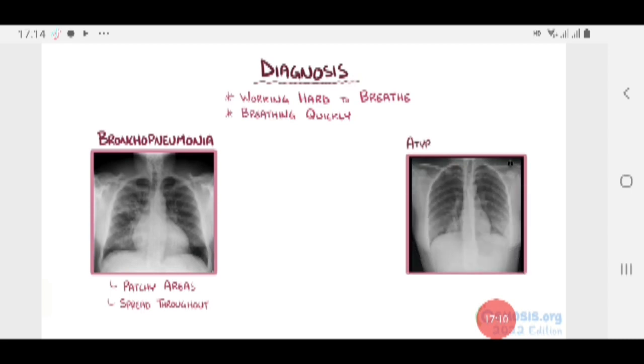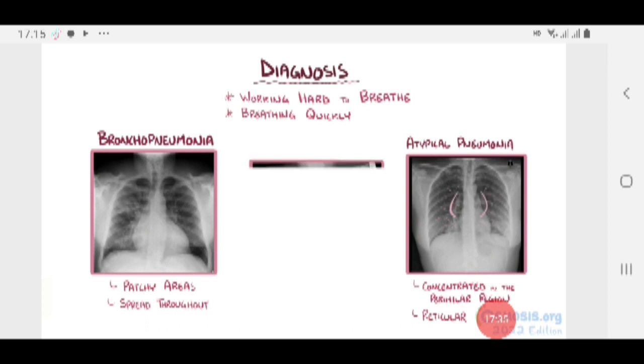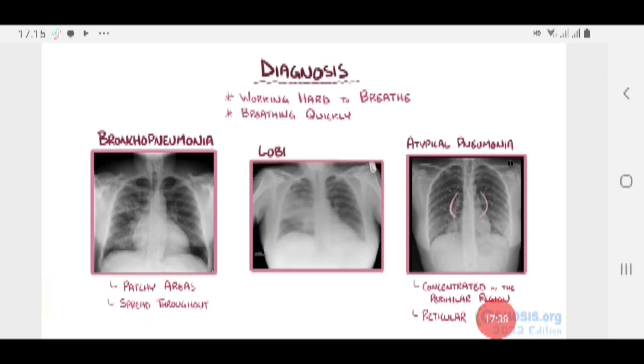In atypical or interstitial pneumonia, the pattern is also often spread throughout the lungs, but it's often concentrated in the perihilar region and looks reticular, meaning there will be more line-shaped opacities visible in the chest x-ray. In a lobar pneumonia, fluids localize to a single lobe or set of lobes.